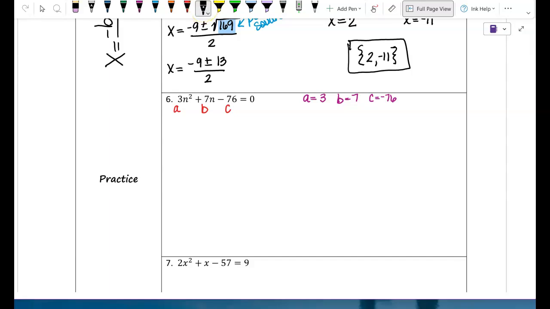Now I can substitute those values in. X equals negative 7 plus or minus the square root of 7 squared minus 4 times 3 times negative 76, all divided by 2 times 3.